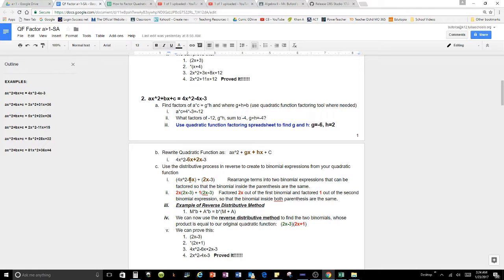If you would have done that when you tried to do some factoring, you would not have gotten anything inside the parentheses that would have been the same for both of them. So again, that's how you make the decision. It's okay. You can start off either way.